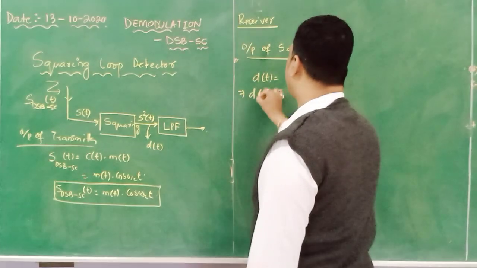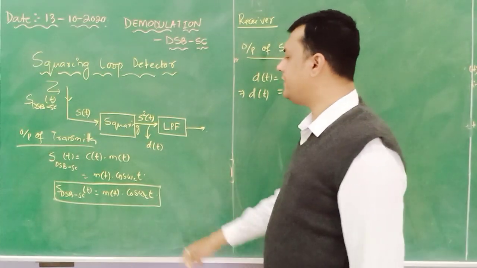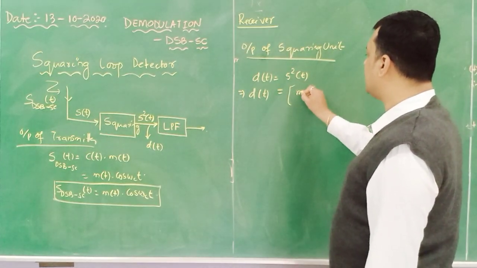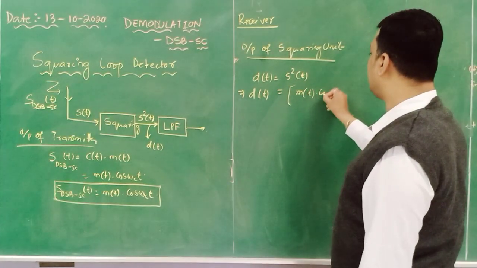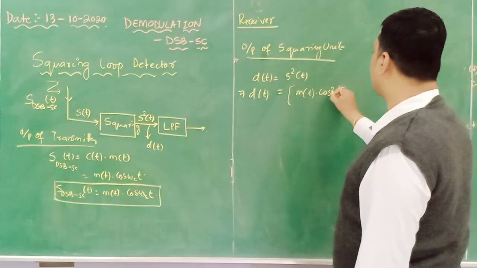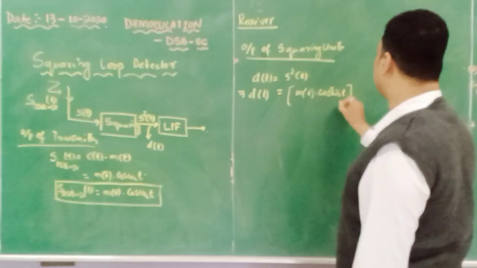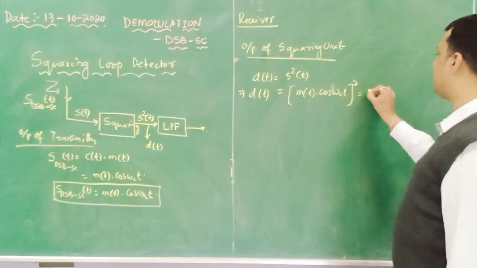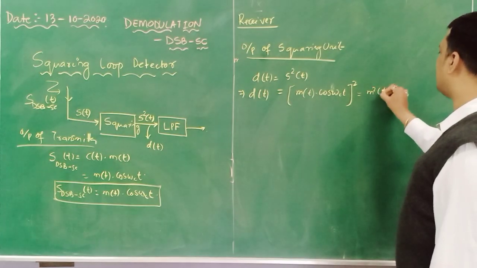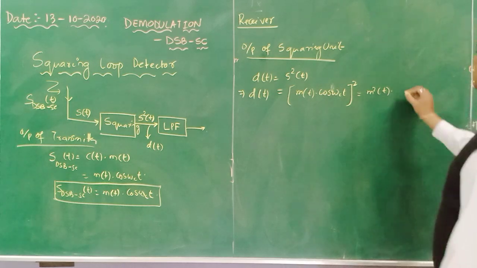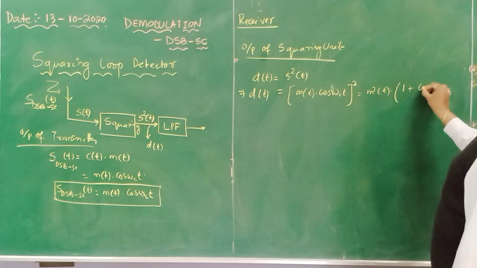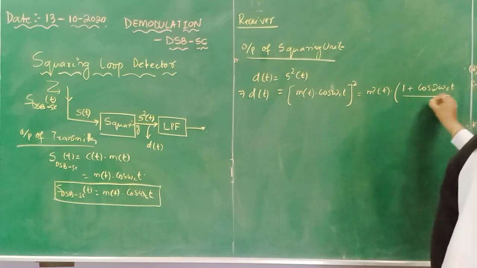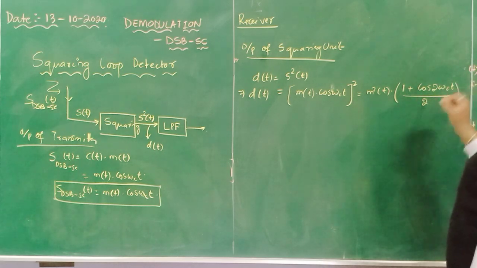Now S square of t means we need to simply square this component. So what I will do? M of t into cos omega ct, whole square. Okay. Expand. We will get m square of t, then 1 plus cos 2 omega ct, whole divided by 2.